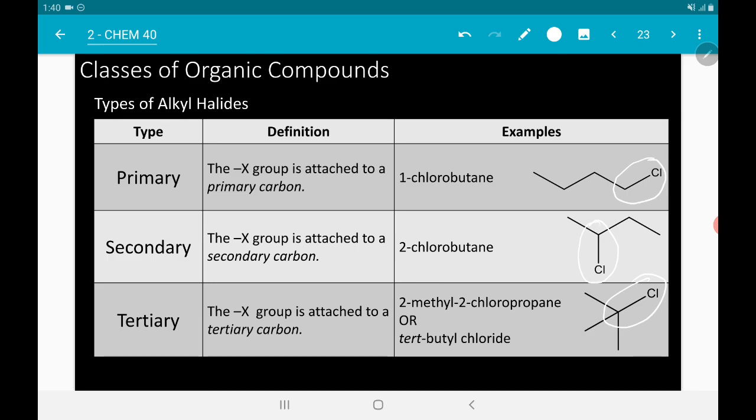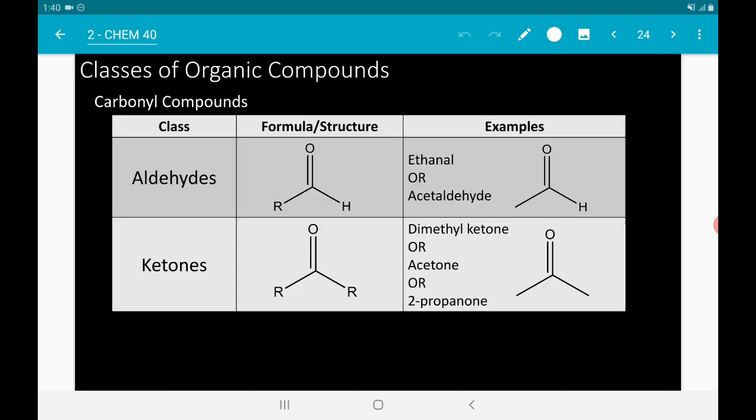Again, wala tayong quaternary alkyl halide kasi hanggang 4 lang yung kaya ng carbon. So, additional bonds are not permissible for this carbon. Okay? So, hindi pwedeng maging 5 yung bond ng carbon. Okay? Next, we have the carbonyl compounds.